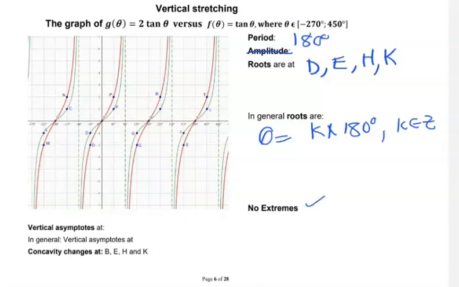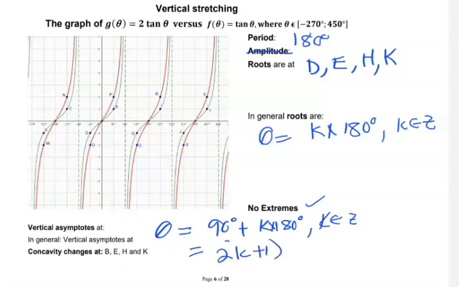We see we have vertical asymptotes in exactly the same places as before, so we will again write theta equal to 90 degrees plus k times 180 degrees, k element of Z, which I can rewrite as 2k plus 1 times 90 degrees, just like we did with the regular tan function.